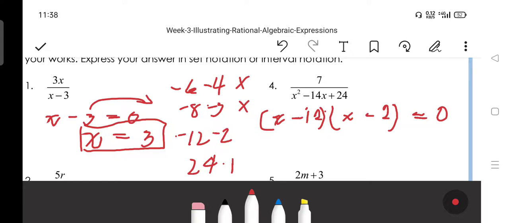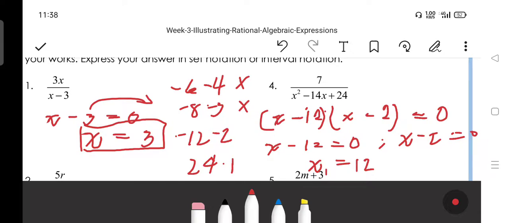So this is by the trial and error method. After factoring the denominator, equate each factor to 0. So we have x minus 12 equals 0, so x sub 1 is equal to positive 12, and x minus 2 equals 0, so x sub 2 is equal to positive 2. Okay?